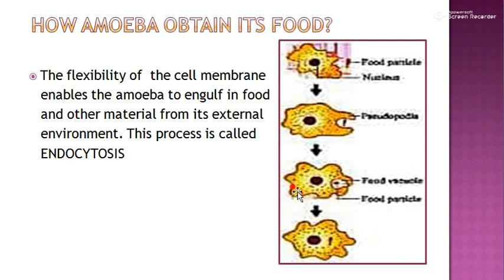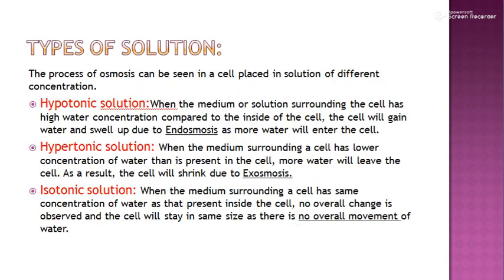So due to the flexibility of the cell membrane, it enables the amoeba to engulf the food from its external environment, and this process is known as endocytosis. So these are the different methods by which substances will enter inside or outside the cell.